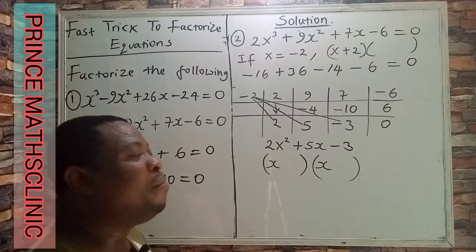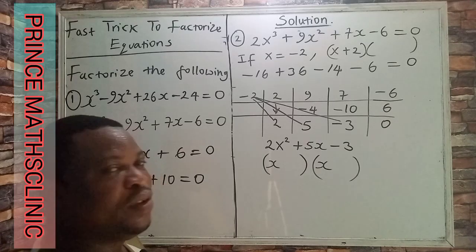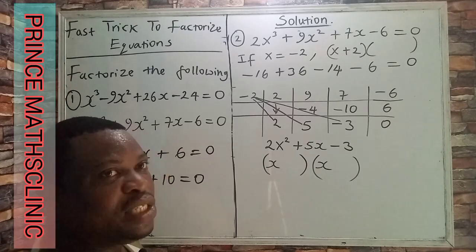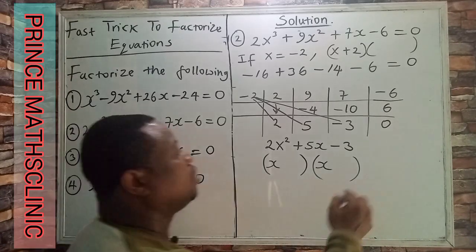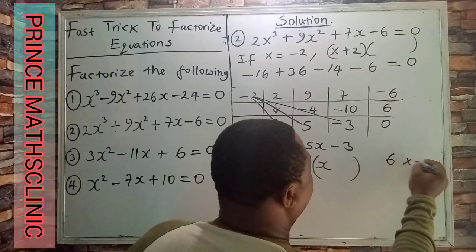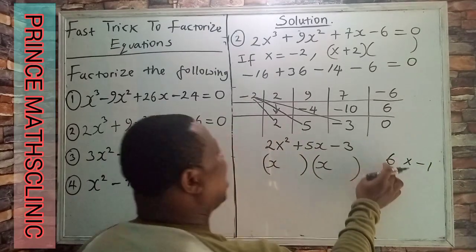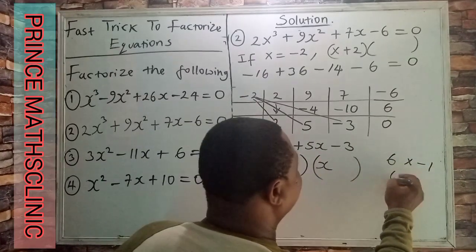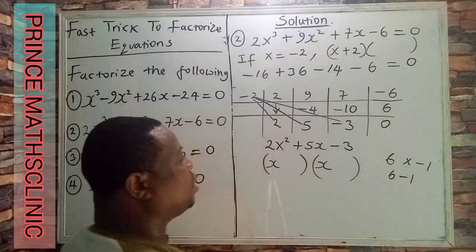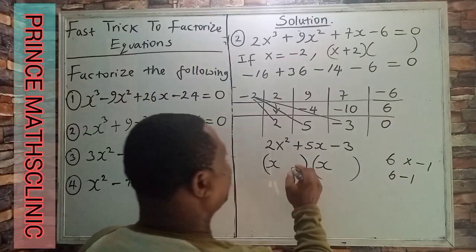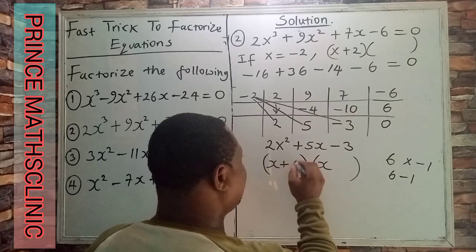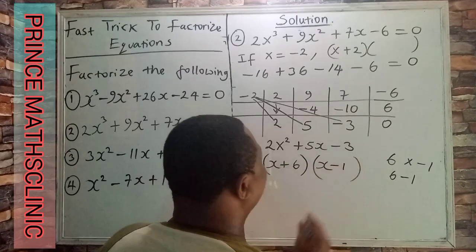And when I add them, I will get positive 5. They are simply what? 6 and negative 1. Mind you, 6 times minus 1 gives me minus 6. Then if I say 6 minus 1, I will get positive 5. So I will now put positive 6 and negative 1.